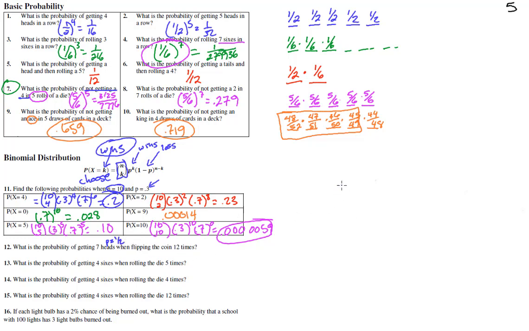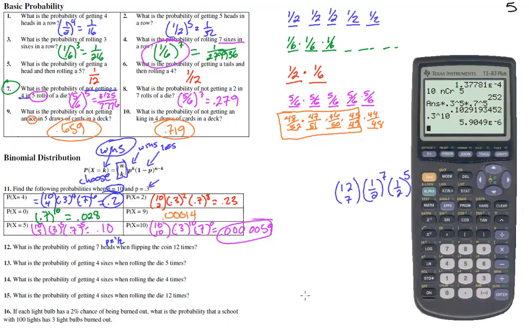So we're going to take 12 flips and pick 7 heads. A head is a win. The probability of getting a head is 1/2. So we got to get 7 of those, and we're going to lose then 5 times. These happen to be the same probability because the probability of getting a head and a tail are the same, but yeah, 12 choose 7 is how many different ways we can pick to get 7 heads.